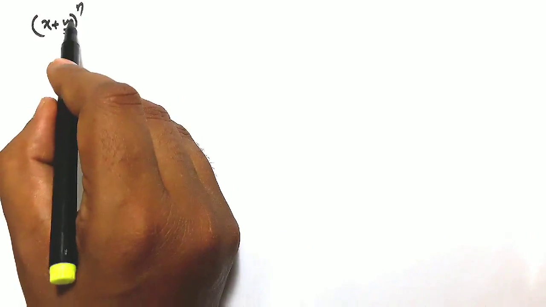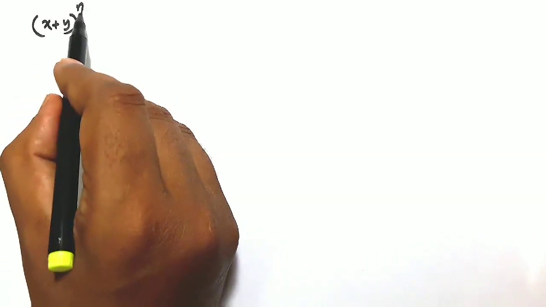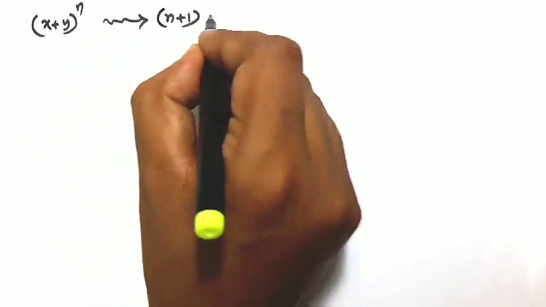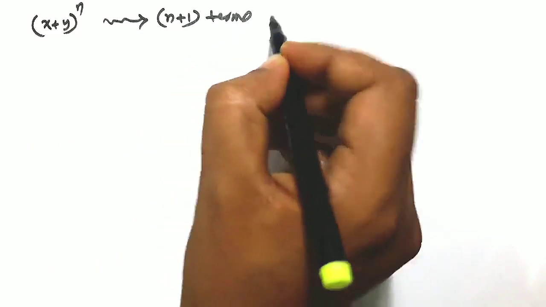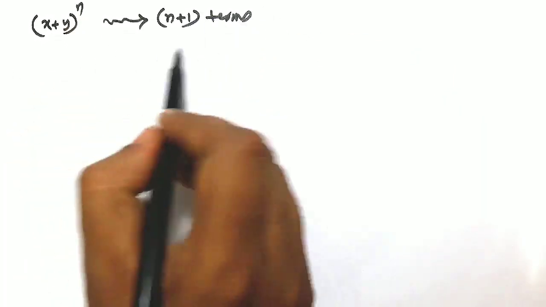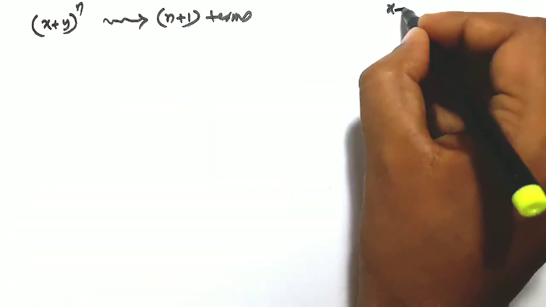Friends, now we shall find the middle term in the expansion of (x + y)^n. Earlier we said that if the index is n, then in the expansion you will get n + 1 terms. Clear? As for example, (x + y)^2.